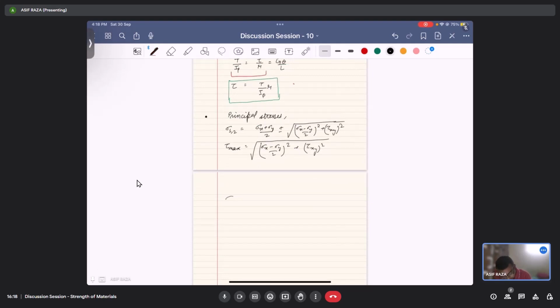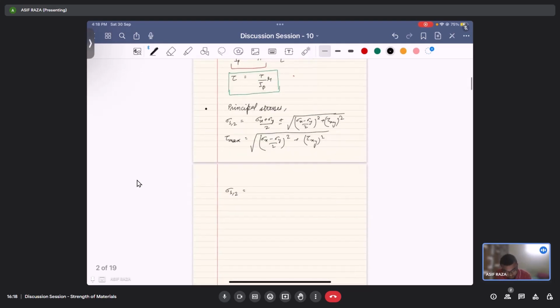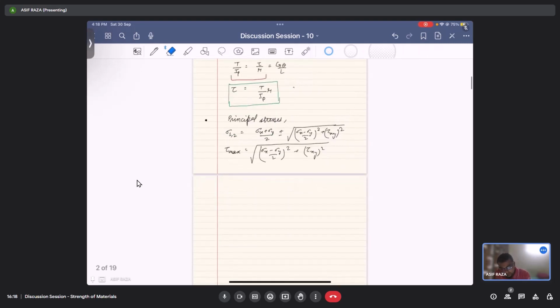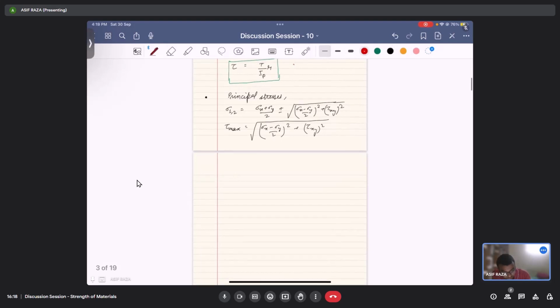So first thing, the principal stresses, and that is like sigma x. One more thing, let us take the case of a circular shaft.